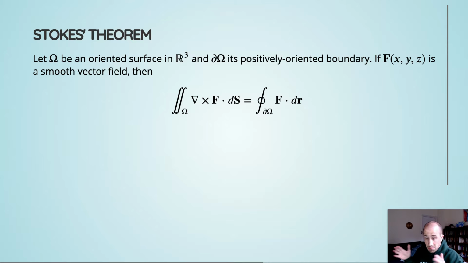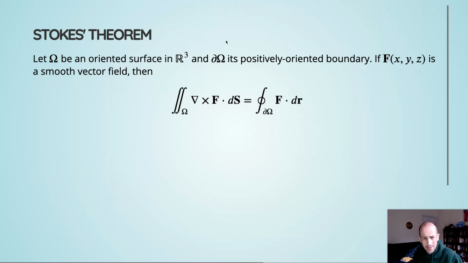Here, oriented again means there's a choice of direction perpendicular to the surface. So at each point on the surface, we choose a unit normal vector to indicate the positive direction of that surface. And then partial omega, that little symbol, is just its positively oriented boundary.